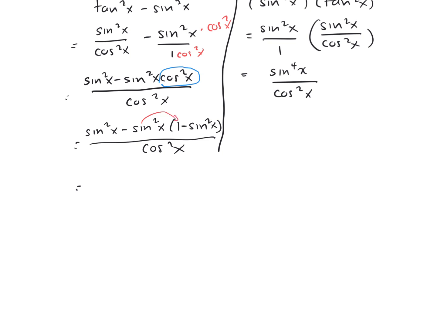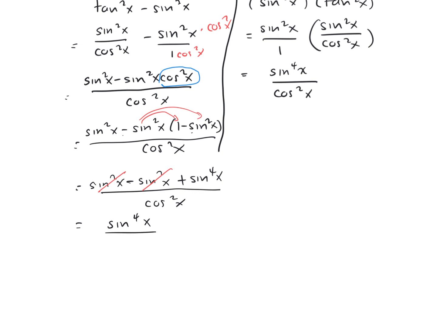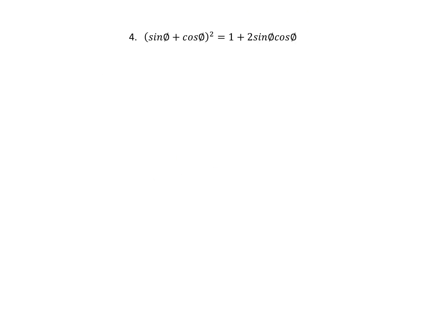I multiply sine squared times 1, and then minus sine squared times minus sine squared is plus sine to the 4th. Then I see that sine squared minus sine squared is 0, so we can collect like terms, and that leaves me with sine to the power of 4. Now the left side equals the right side.